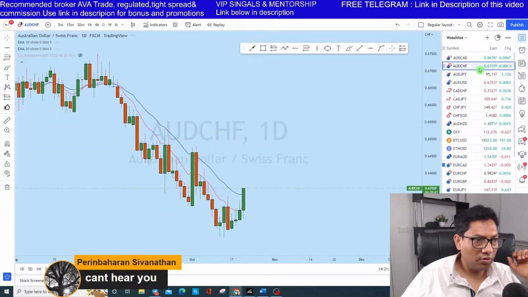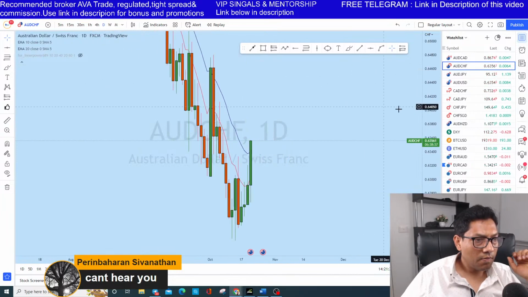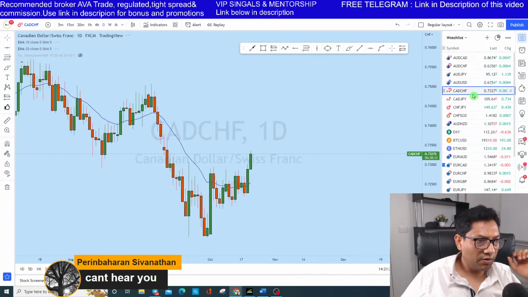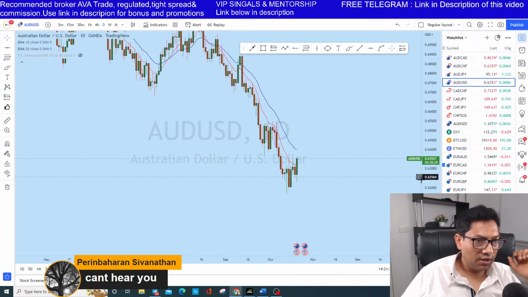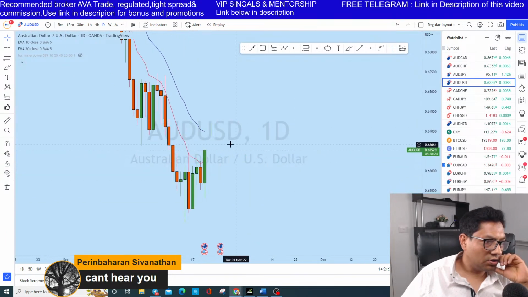Everything is going on the other side. So Aussie got very strongly bullish. I think it's going to touch this daily 20 EMA on the Aussie dollar.